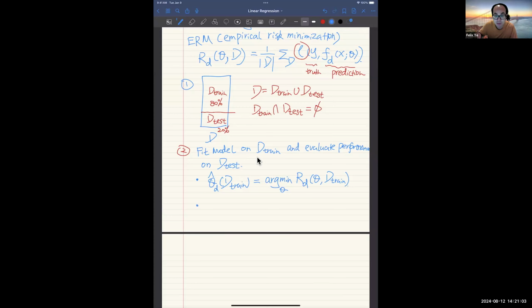Then you're going to calculate the validation error. The validation error is actually where we plug back into this R_D the optimal theta hat trained on the training data set, but evaluate it on the testing data set.